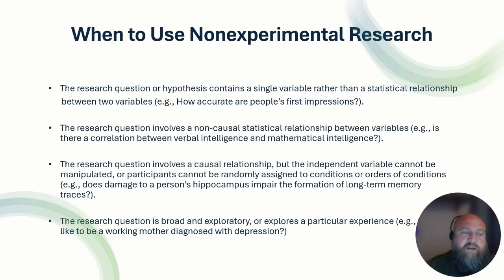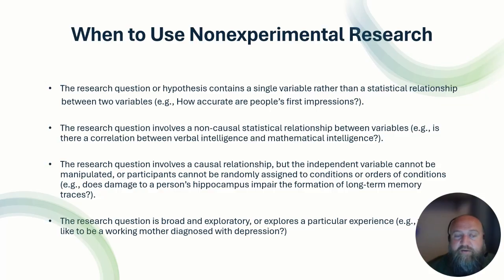Third, the research question involves a causal relationship, but the independent variable cannot be manipulated, or participants cannot be randomly assigned to conditions or orders of conditions. So say, for example, I want to see how people respond or recover from a natural disaster or some kind of man-made disaster like a school shooting.